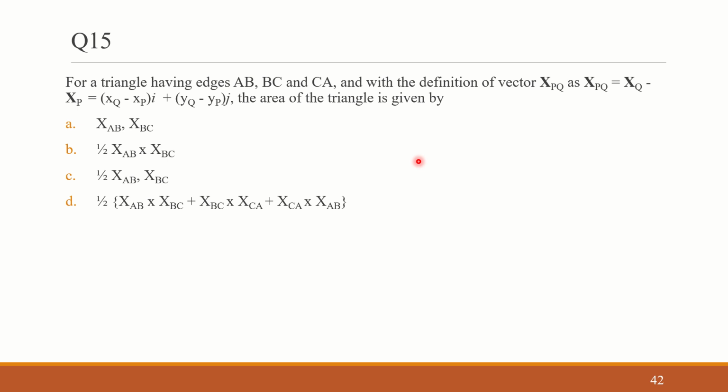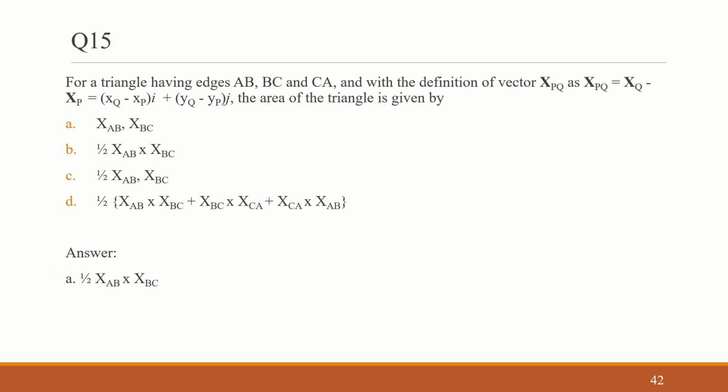So here it is a triangle whose edges are AB, BC, CA, and with the definition XPQ as XQ minus XP. So it is rightly given. The answer is actually option C. Sorry, option B is the right answer.